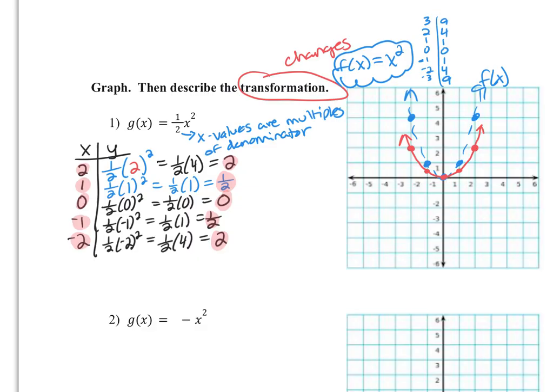Now, the transformation is, how do I go from blue to red? So we see that the blue to red, the red got wider, okay? This graph is definitely wider, okay? Mathematically, what that means is that you have this vertical shrink.